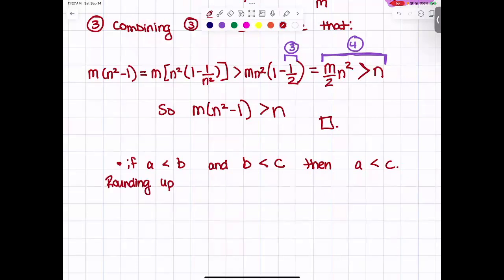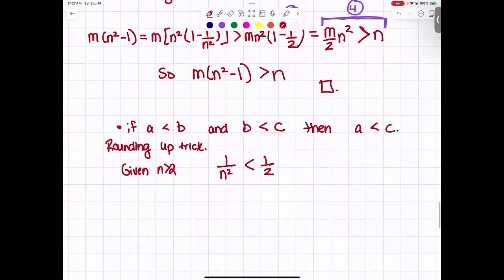So when we said something like, given n is greater than 2, 1 over n squared is definitely going to be less than 1/2.